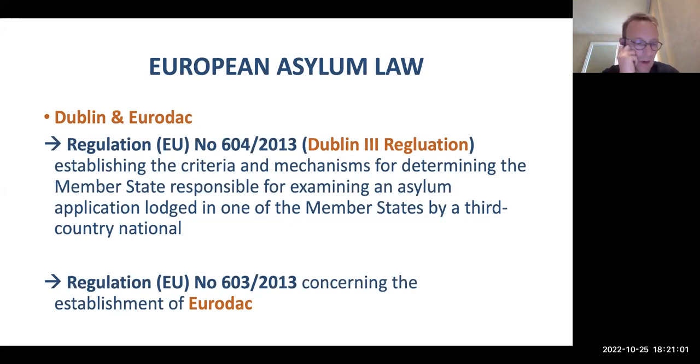Okay, another regulation which is important to highlight here is the so-called Eurodac regulation.